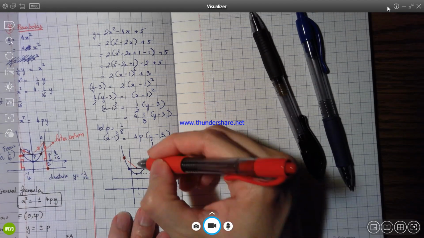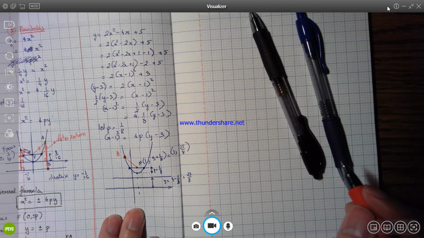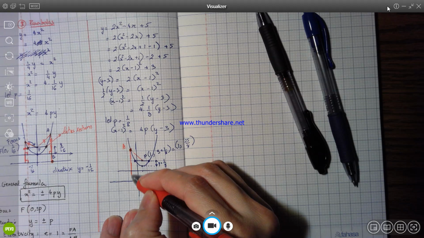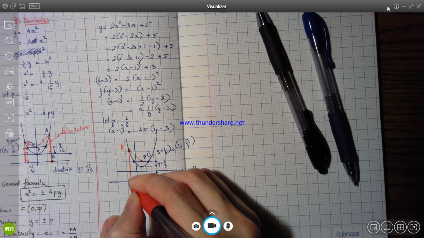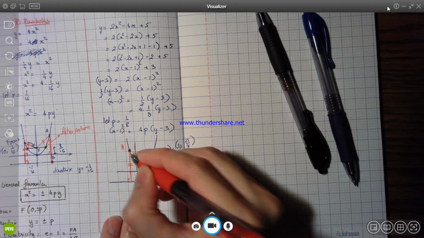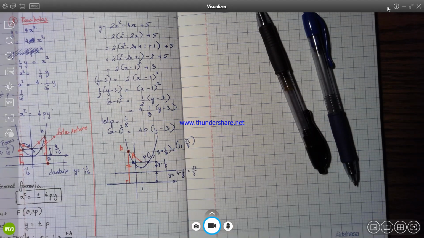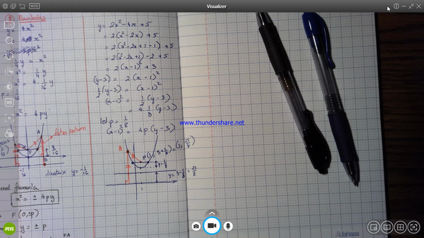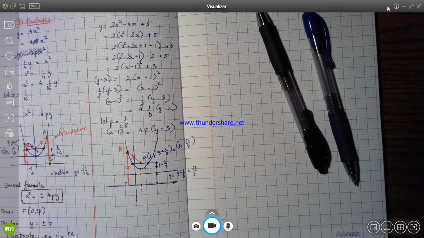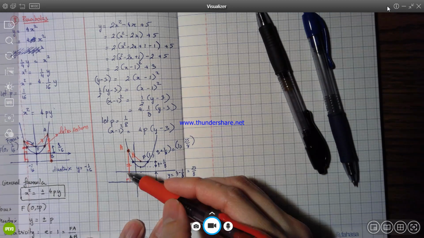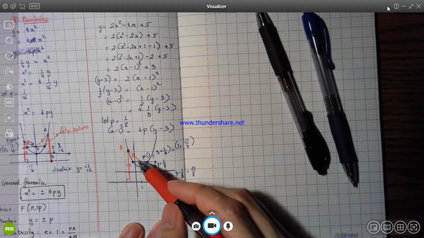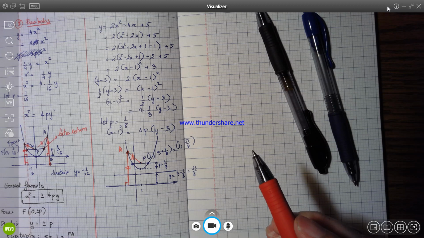If I pick a point right here and I connect it to the focus, and from that point I draw a perpendicular to the directrix, it should be equal. And because it's supposed to be equal, the eccentricity must be the same. It must equal 1.